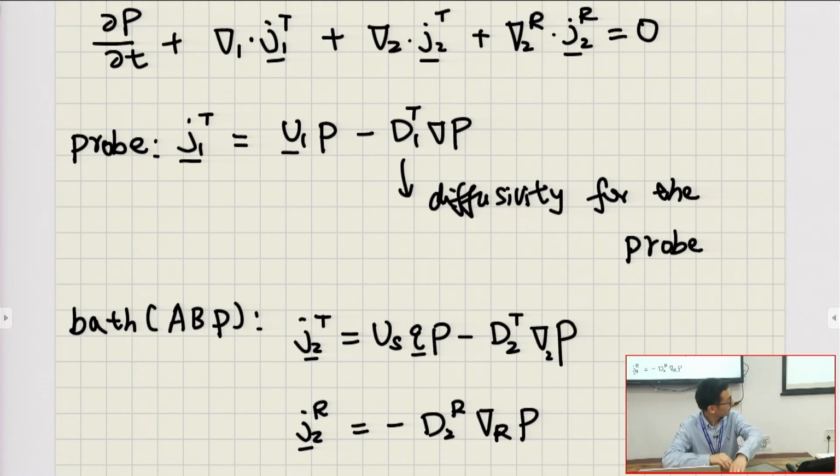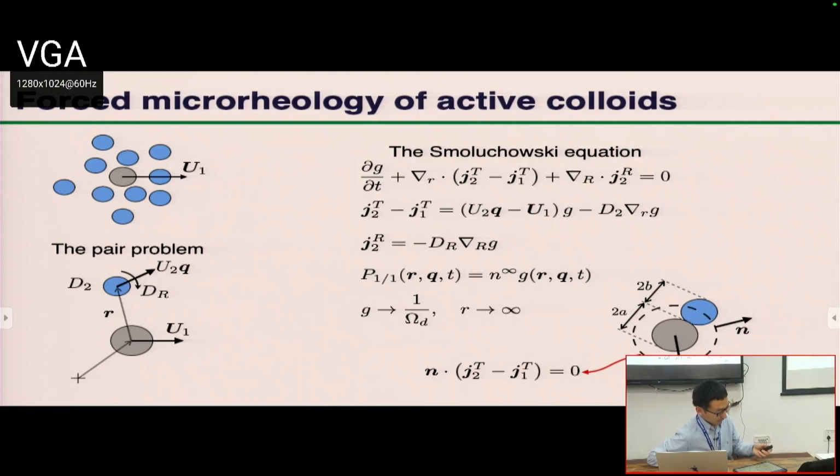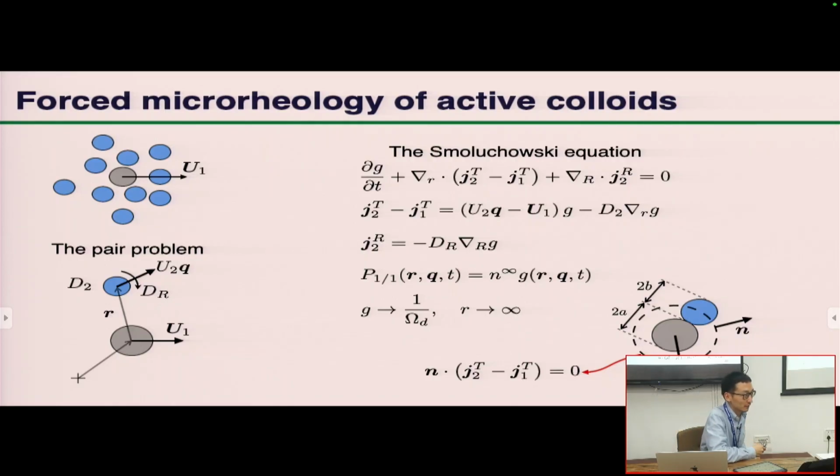Okay, so let's jump back to the presentation. I've written down the equations previously, and here the equation is slightly different because I've done a change of variable by defining the position of the bath particle relative to that of the probe, rather than using the position in the lab frame, because that's really what's important.